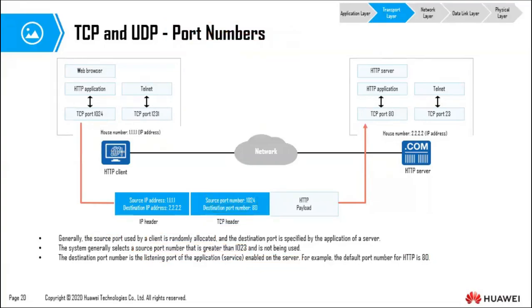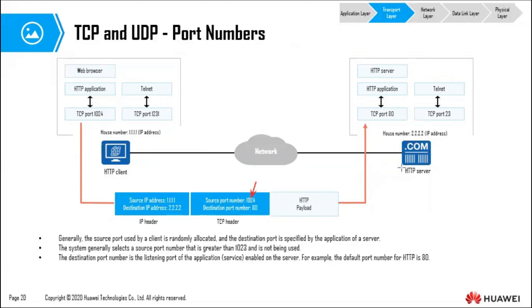So you come here, you want to access this server, for example Huawei.com. When that happens, your computer will generate a random source port number, for example, 1024.